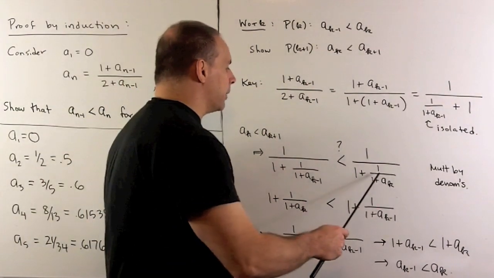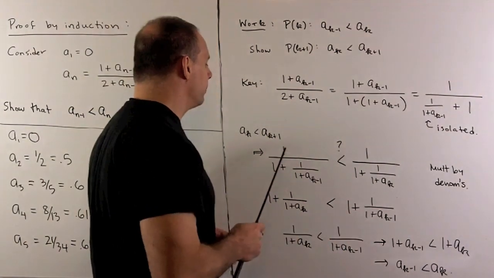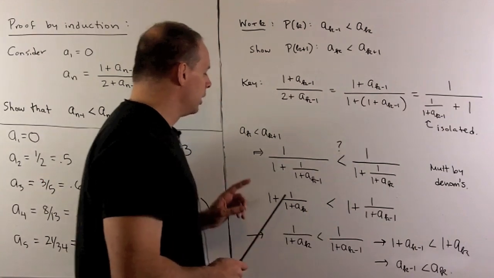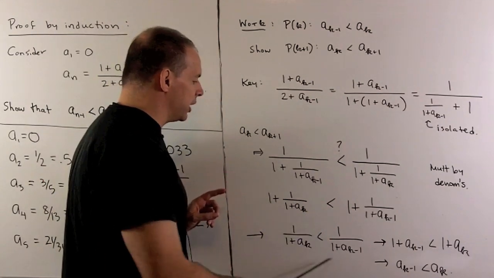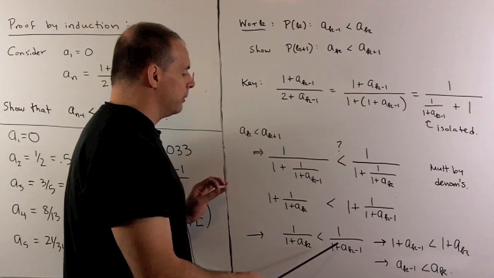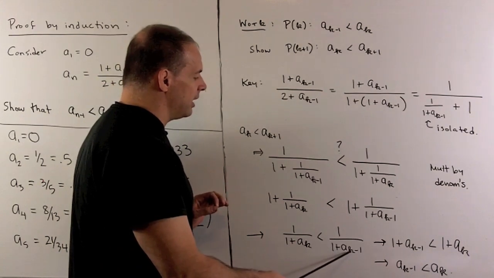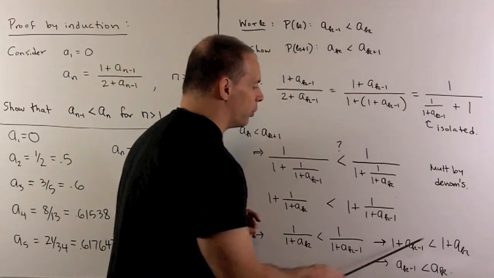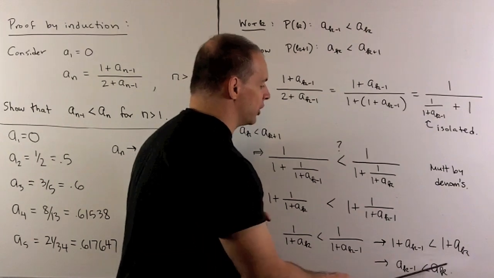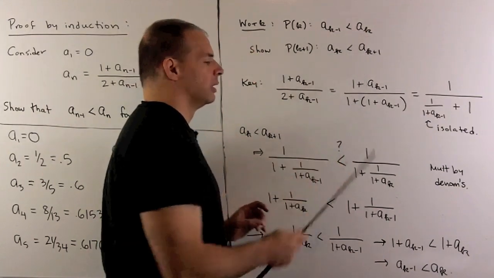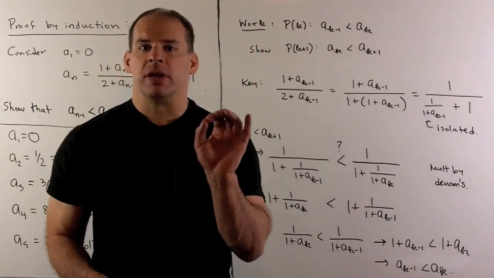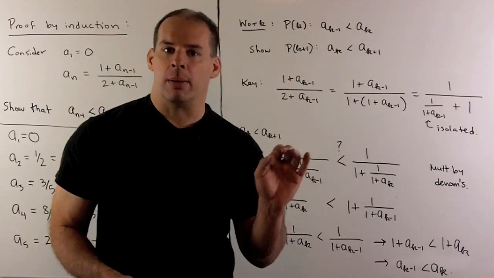If we clear denominators, this term goes here, this one goes here. We can take off the 1s to get to here. Then we can multiply by denominators again, take off the 1s, and then we have our induction hypothesis. So that doesn't look so difficult, but it takes some work to come up with it on your own.